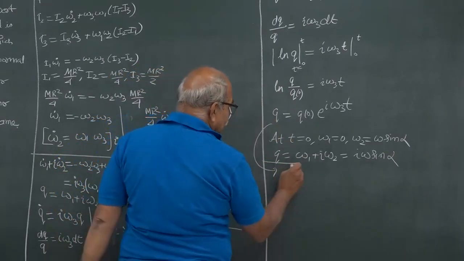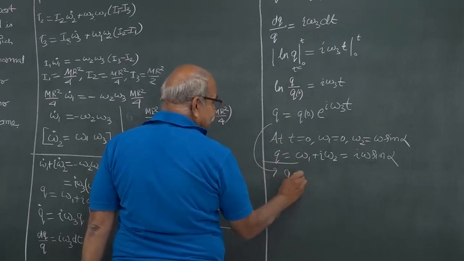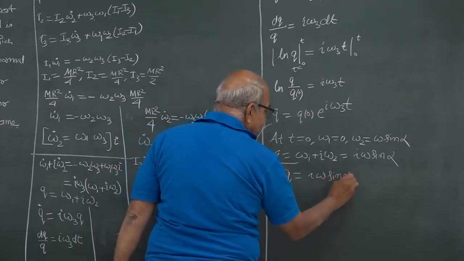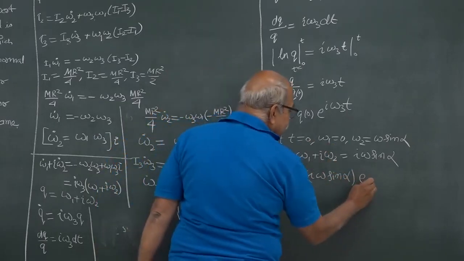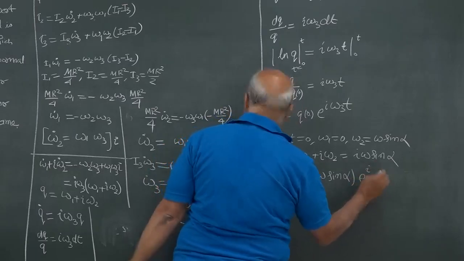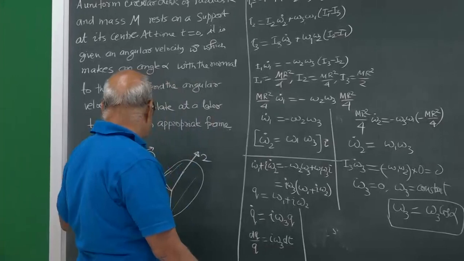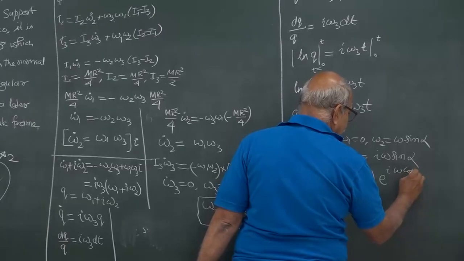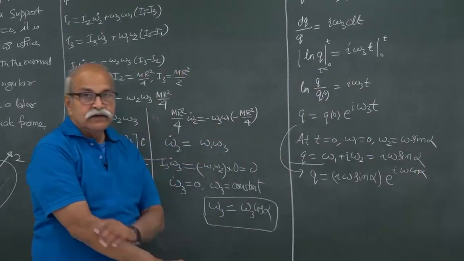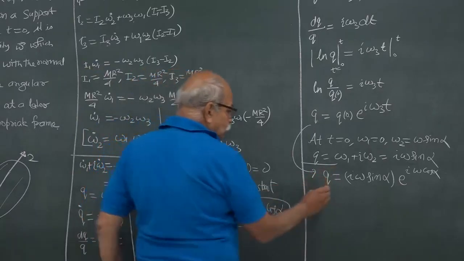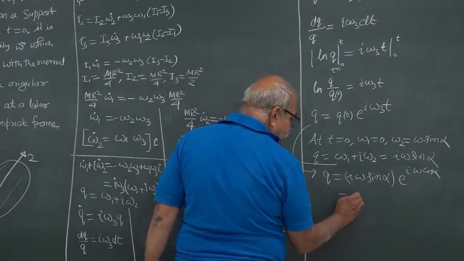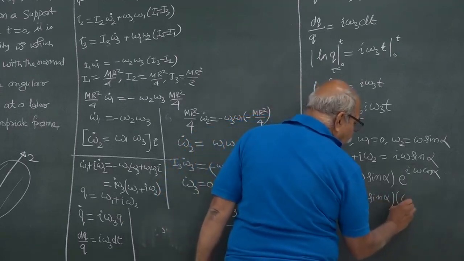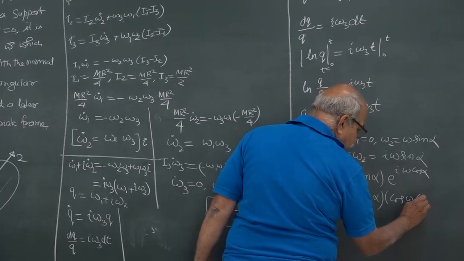Hence, q at time t is equal to q at time 0, which is i omega sine alpha, multiplied by e to the power i omega 3 t, and omega 3, we know, is omega cos alpha.